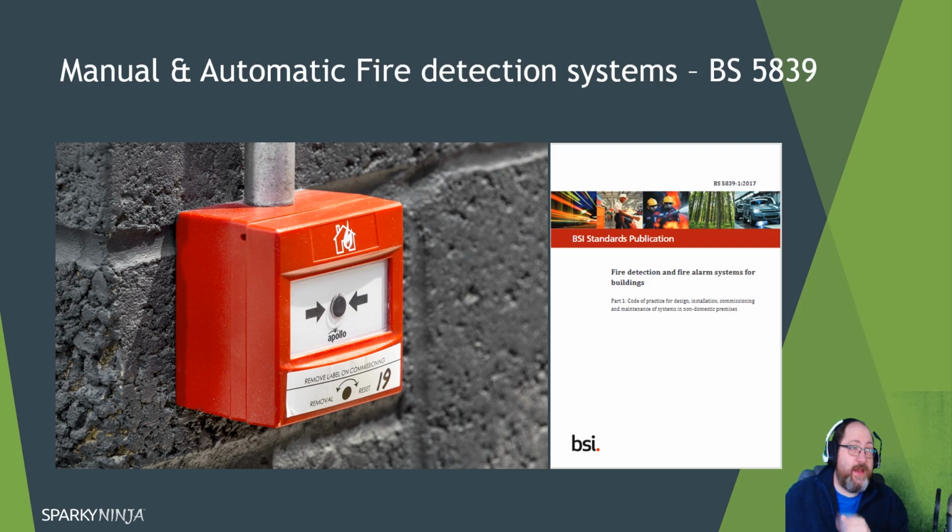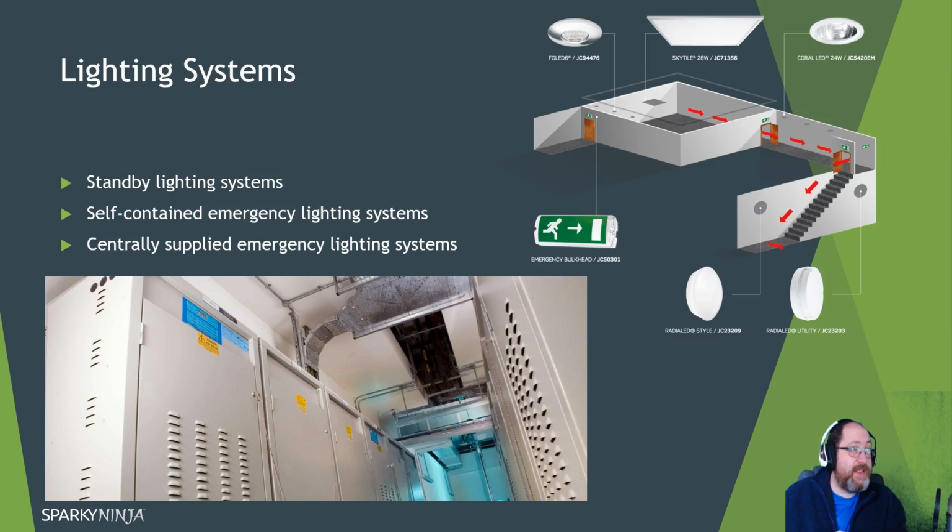familiarity and training within. Similarly with lighting systems. With lighting systems we have standby lighting systems, self-contained emergency lighting systems, and centrally supplied emergency lighting systems. If it's a centrally supplied emergency lighting system with one central system, then we need to consider the monitoring of that system. We need to consider the wiring system that is wired back to the lighting.